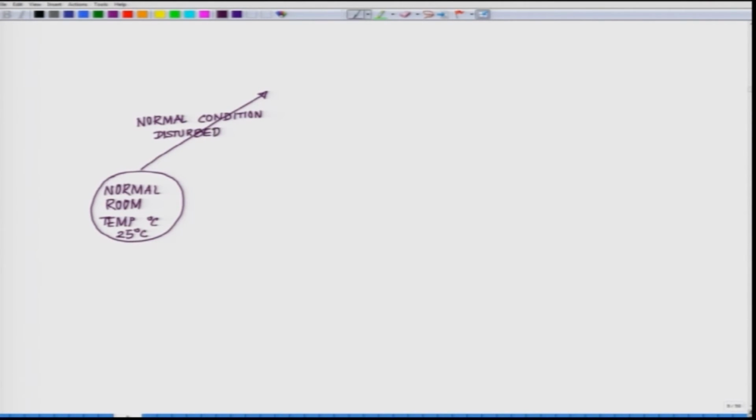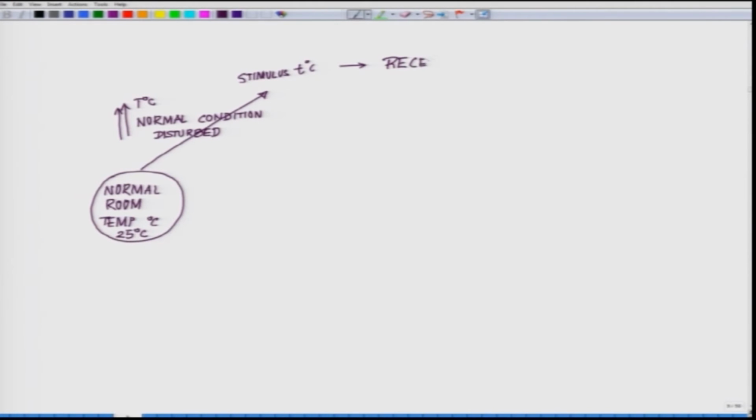Okay. If the normal condition is disturbed, there will be a stimulus. In other words, say for example, there is an increase in temperature. Okay. So, what will happen? This temperature will be monitored by a receptor.